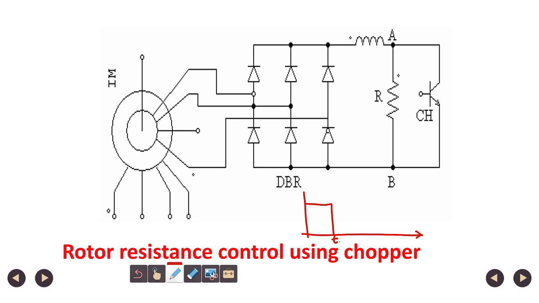The chopper is on for a duration T_on and off for a duration T_off. So, total time period T is T_on plus T_off. The chopper is switched on and off periodically, and this varies the effective resistance.